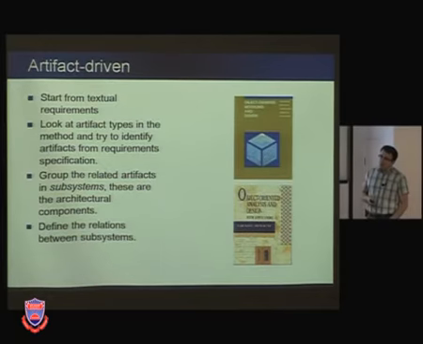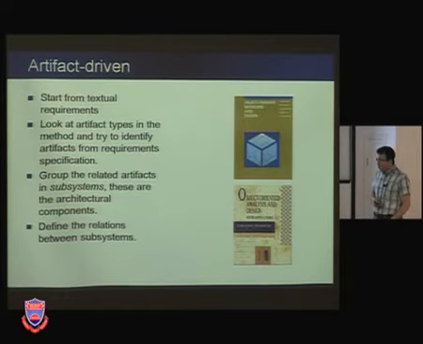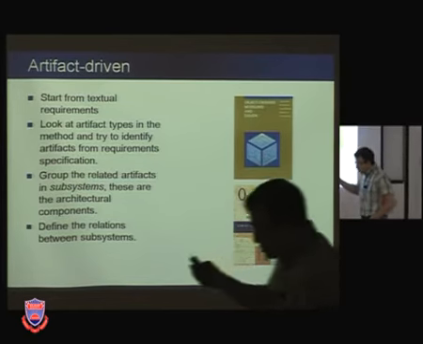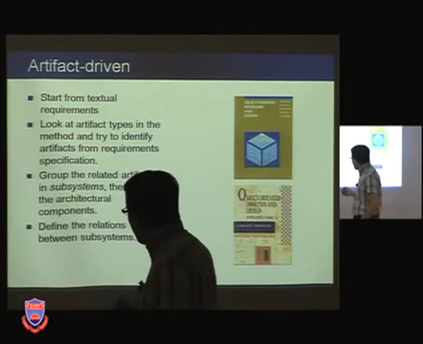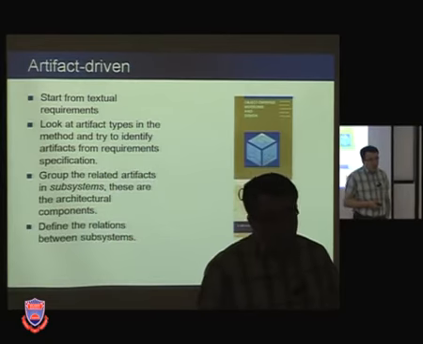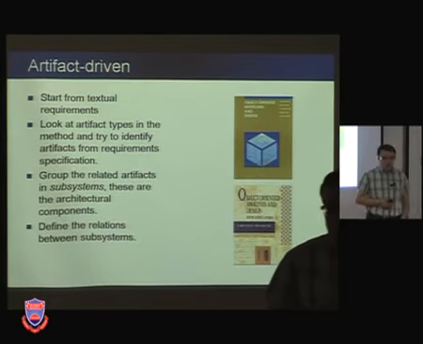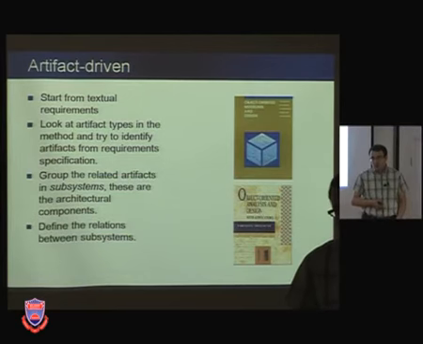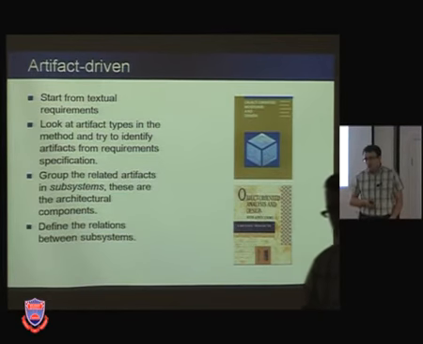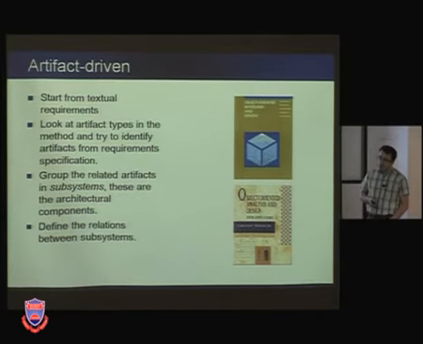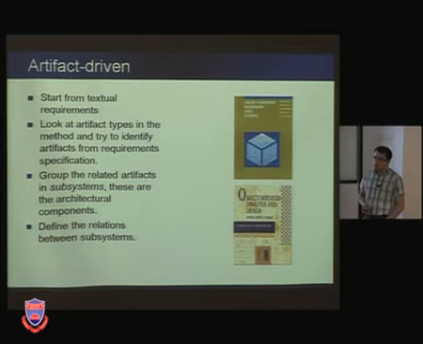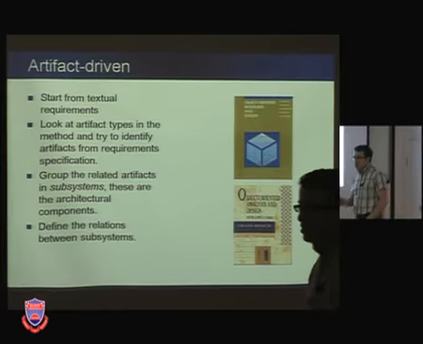In these requirements, you look at the artifact types. You try to find artifact types which are described in the method in the textual requirements. And once these artifacts are found, they are grouped, and the groups, the subsystems, the packages, are called architectural components, and the relations between these subsystems are defined, and the result is called the architecture.